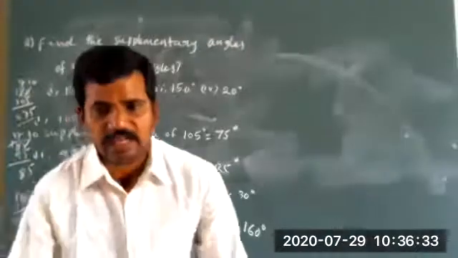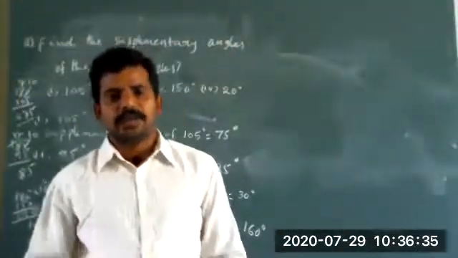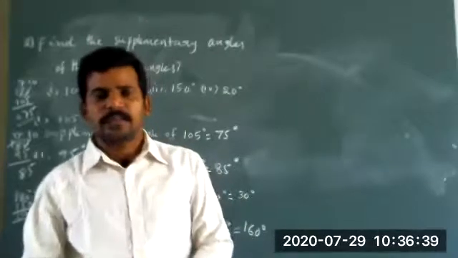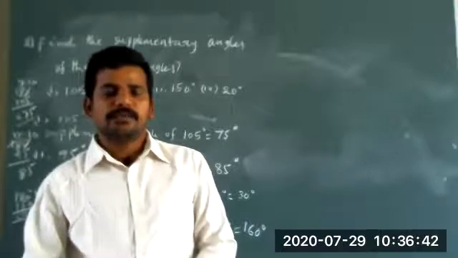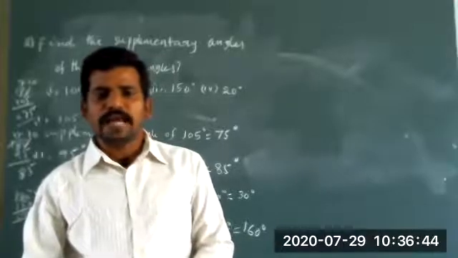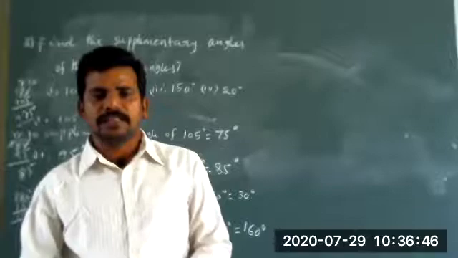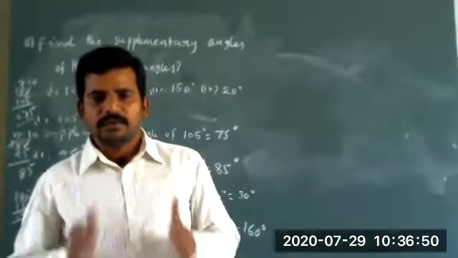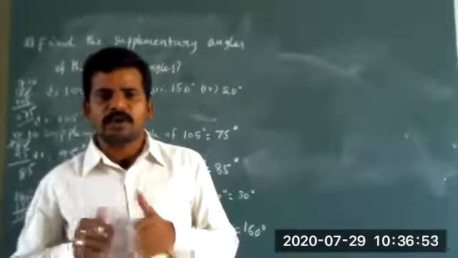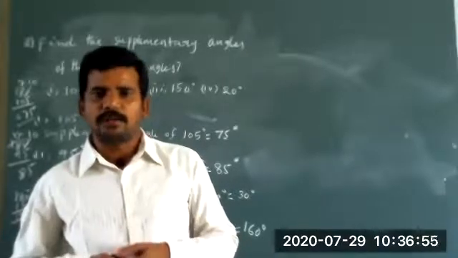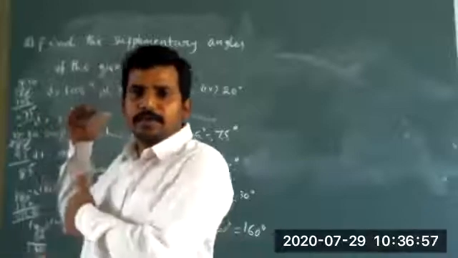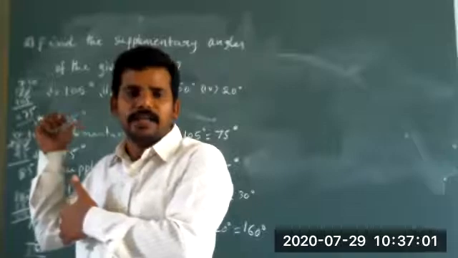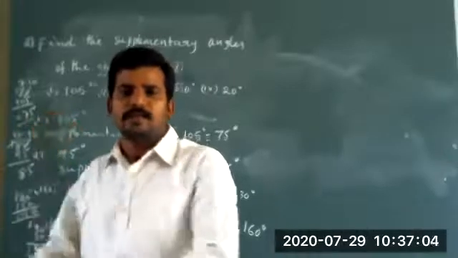In the previous class, we discussed complementary angles. What about complementary angles, children? When the sum of two angles is equal to 90 degrees, the angles are called complementary angles. Now supplementary: when the sum of two angles is equal to 180 degrees, it is called supplementary angles.